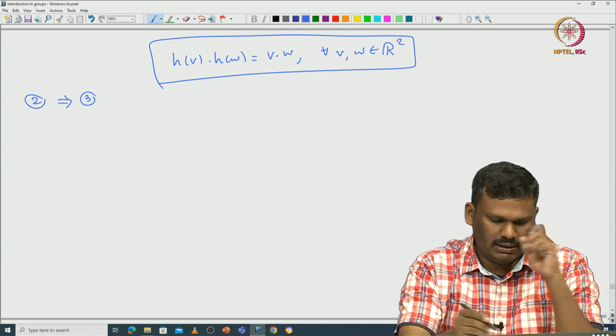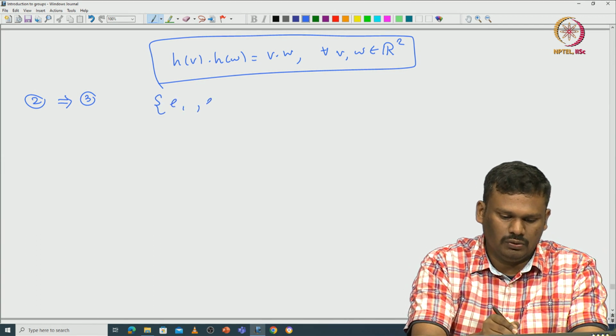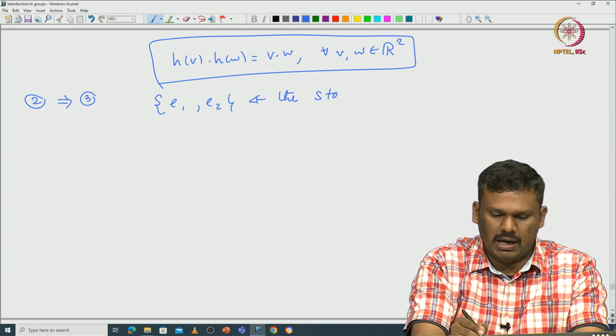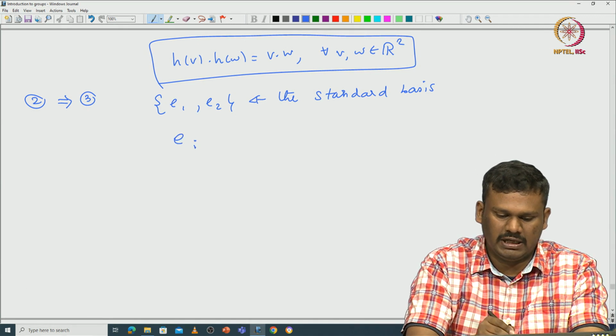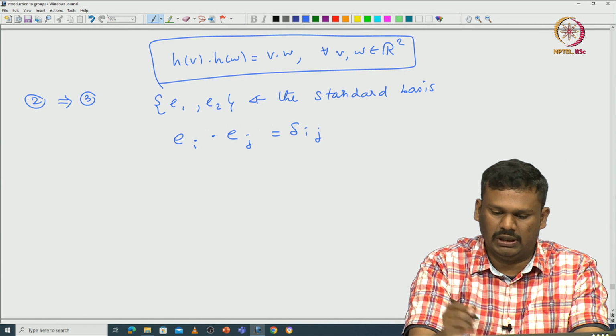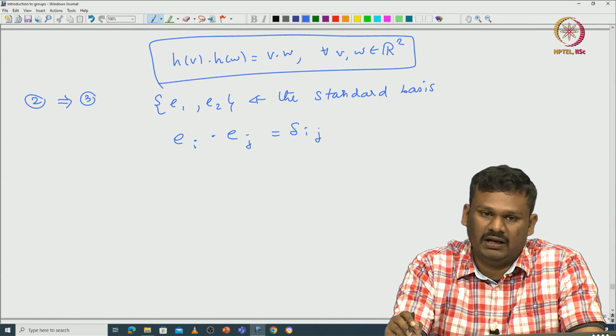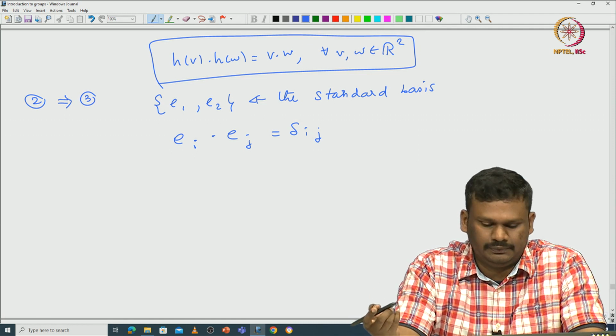Note that E1 and E2 is the standard basis, and not only that, it is also an orthonormal basis. What is the meaning of that? If you take E_i dot E_j, you get the canonical delta ij. Whenever i equals j, you get 1, and whenever i is not equal to j, you get 0.